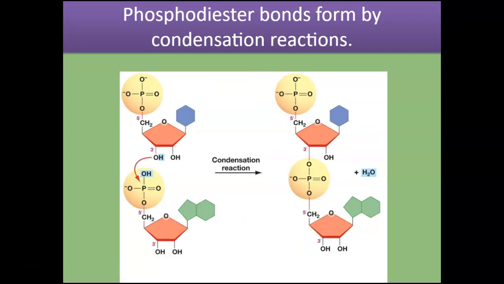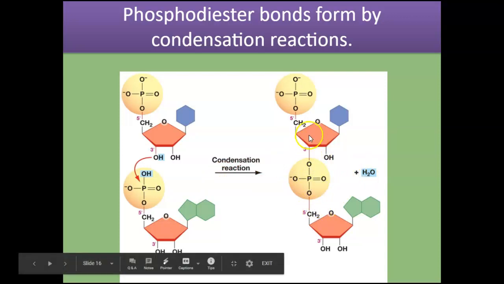A common theme you'll see as we build these polymers is the condensation or dehydration synthesis reaction. So to build a nucleic acid, you form phosphodiester bonds through the condensation reaction. Notice how water is a product and your two monomers are becoming a polymer.